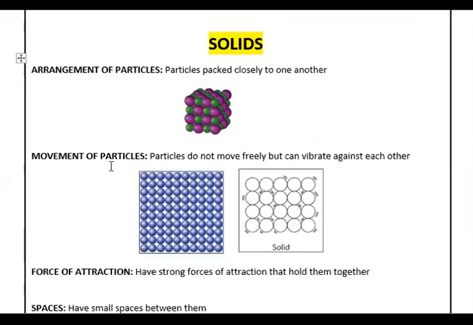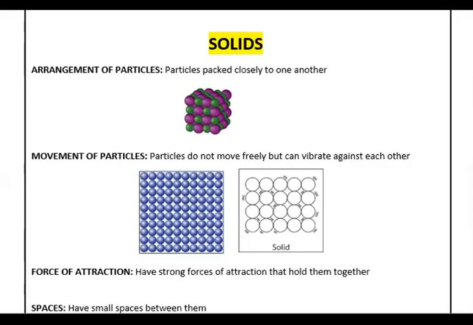Next thing is the movement of particles. How do particles behave? Particles do not move freely, but did you know that each and every thing on Earth, every particle of matter, moves in some way? In solids, they vibrate against one another, as in this diagram.